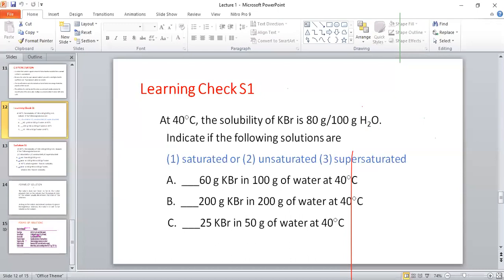And the solubility, the highest amount that can dissolve in that 100 grams, is 80 grams, to make it saturated so that you cannot put in anything again. So can somebody unmute and speak and tell us, A, B, and C, what do you think they are? And explain why.